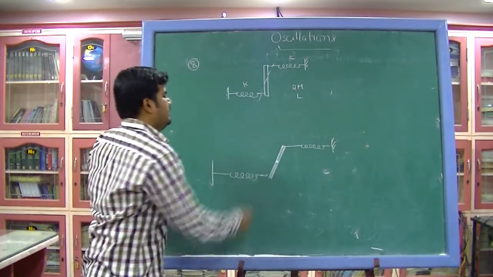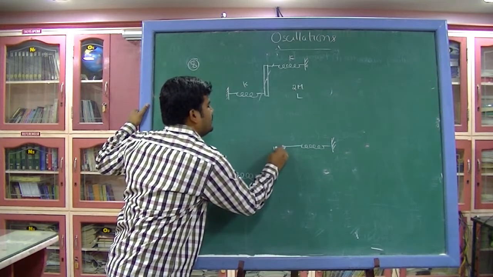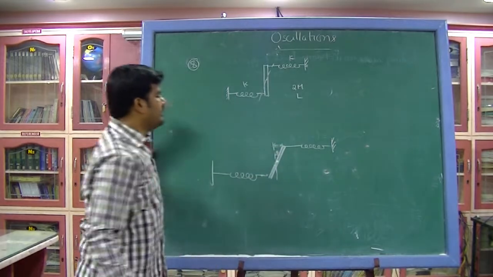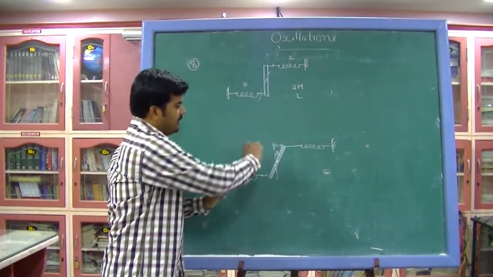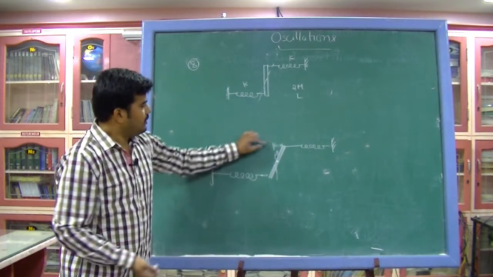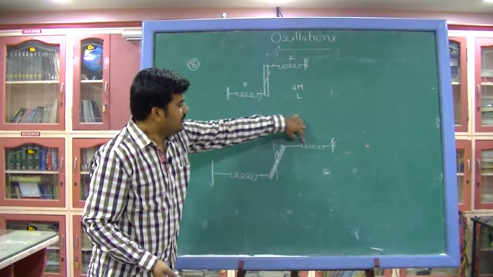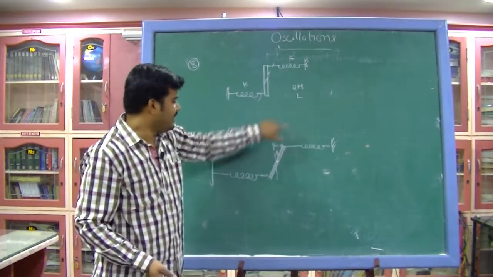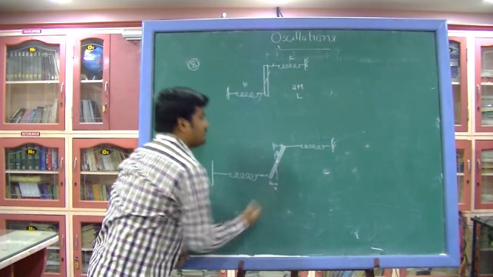Let this angular displacement be theta. So, this can be the compression of the spring. This much the spring will be compressed when I tilt the rod through an angle theta. This much compression will happen in each spring, because they are identical springs. So, this also I can write as x.